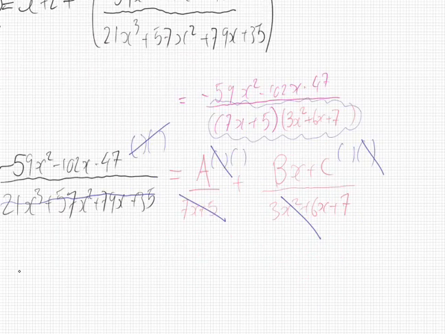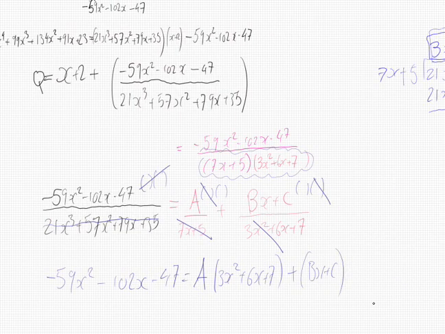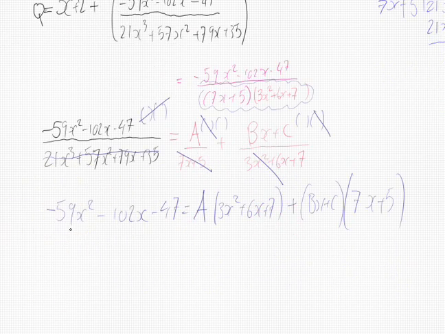So now I'm left with this. Minus 59x squared minus 102x minus 47 equals a times 3x squared plus 6x plus 7, plus bx plus c, times 7x plus 5. Okay.